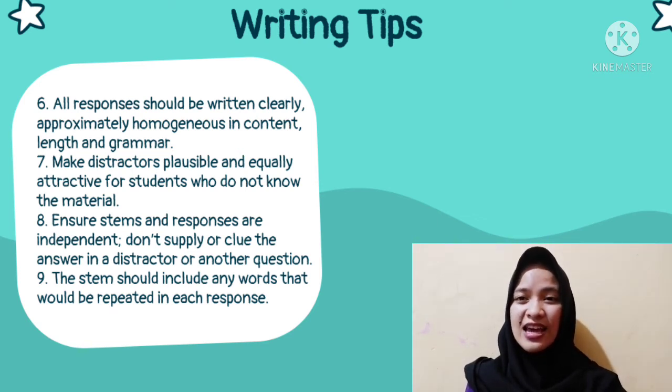The seventh is to make distractors plausible and equally attractive for students who don't know the material. The eighth is to ensure stems and responses are independent. Don't supply or clue the answer in a distractor or another question. And the last is that the stem should include any words that would be repeated in each response.